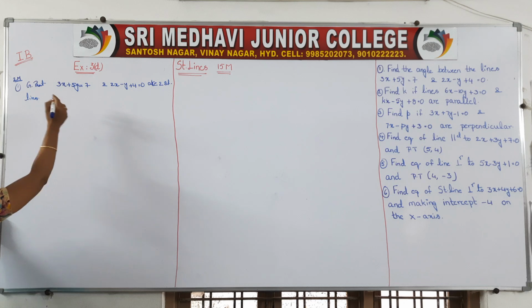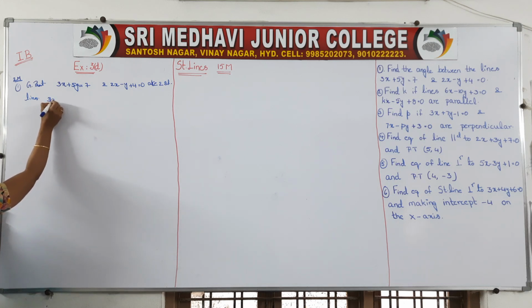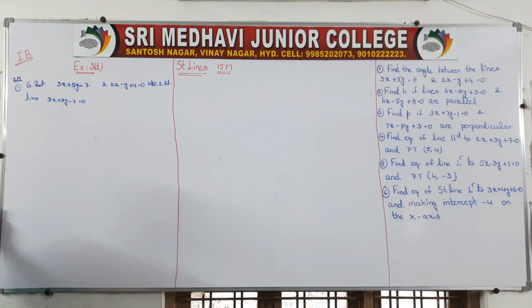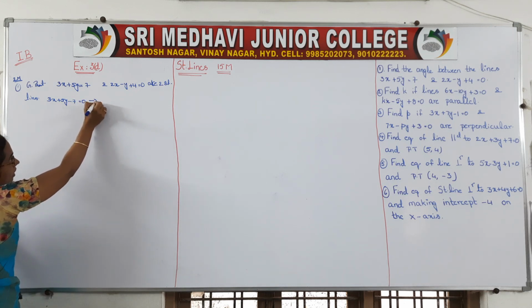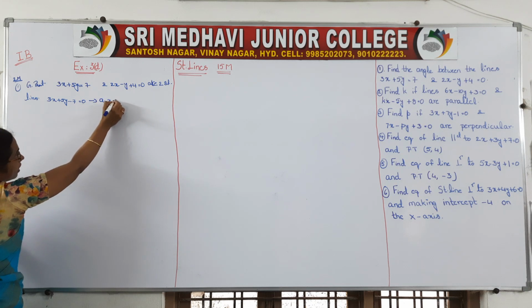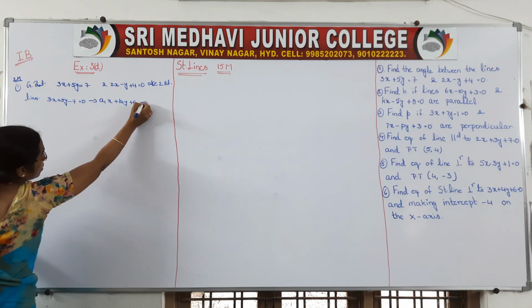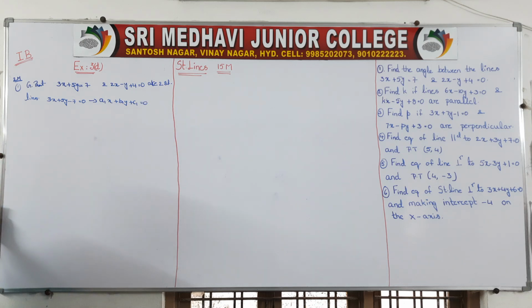So consider the first one as 3x plus 5y minus 7 is equal to 0, and it can be compared with a1x plus b1y plus c1 is equal to 0. We are having 2 line equations, that's why we have to differentiate.